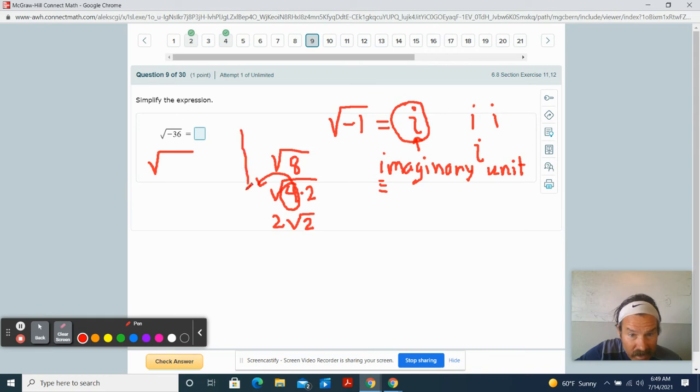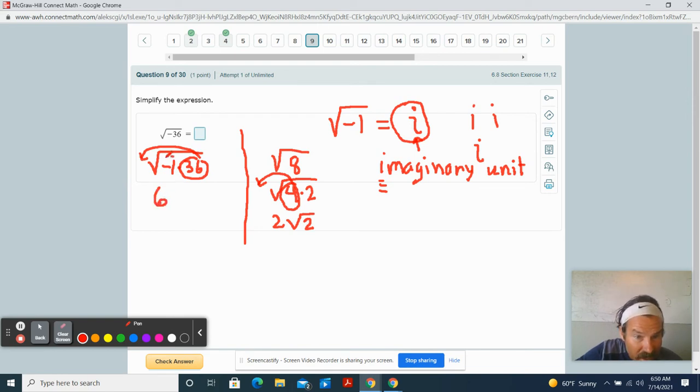We're going to do the same thing with the square root of -36. We're going to break it up into the square root of -1 times 36, because -1 times 36 is equal to -36. Now, I can take the square root of 36 and bring that number out of the radical. That's a 6.